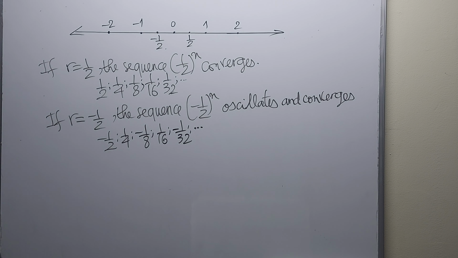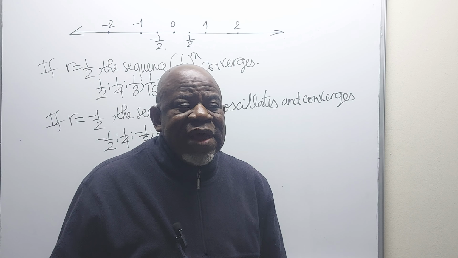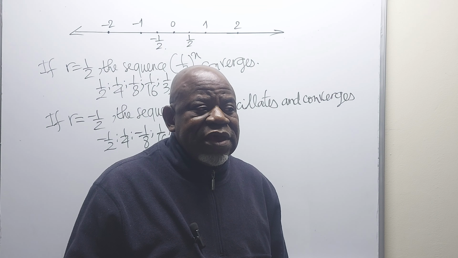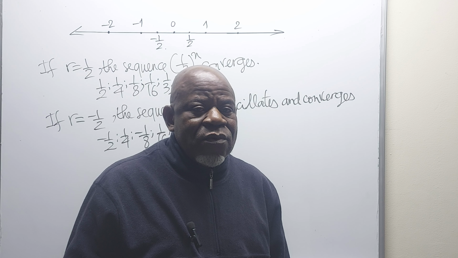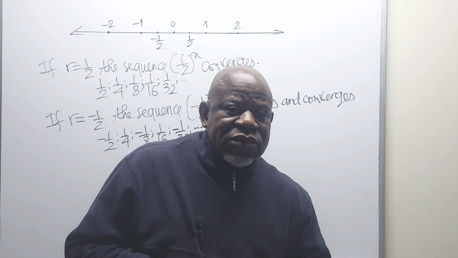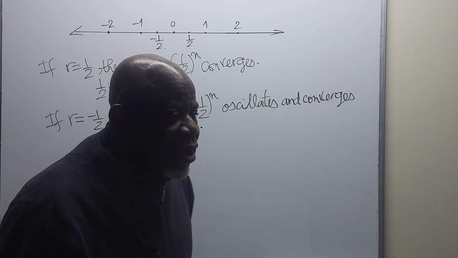So now, the proof of the formula for the sum to infinity of a geometric sequence for the common ratio being between -1 and 1. So this is what we're going to try and prove now.